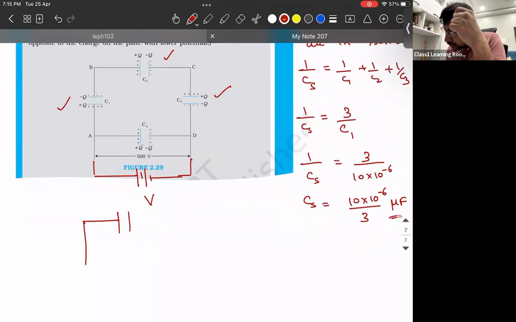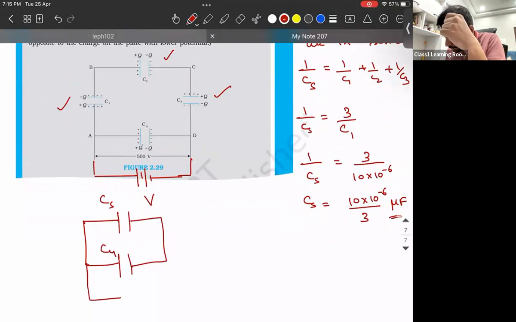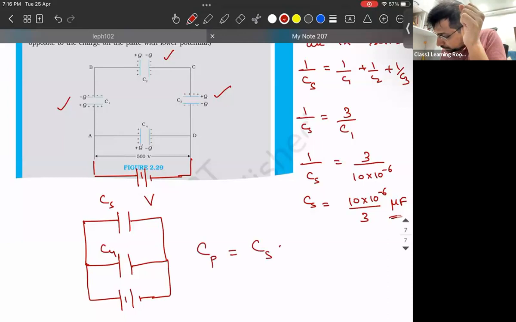So the new diagram will look like this. I can replace the first 3 capacitors with CS, and the fourth one I'll take as C4. Now, how are these two connected? They both are in parallel. So I can take CP will be equal to CS plus C4.